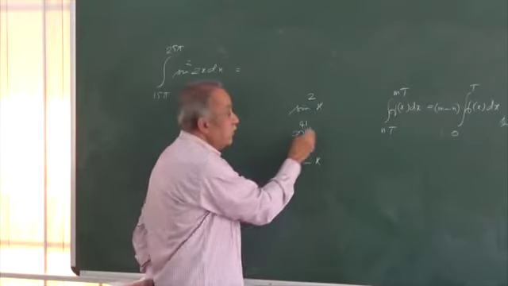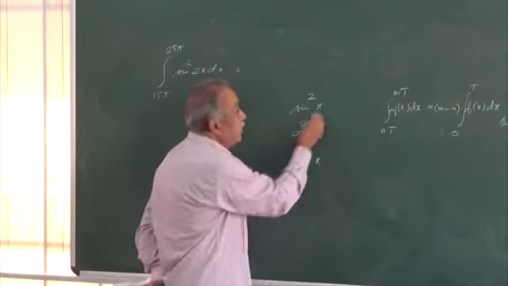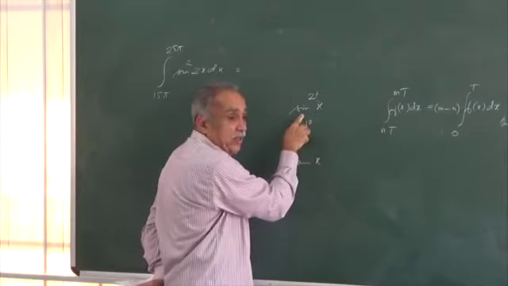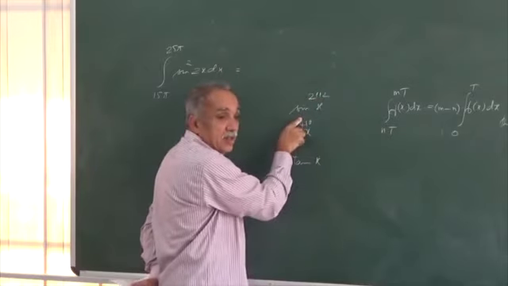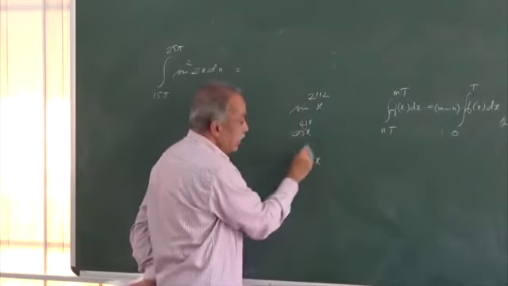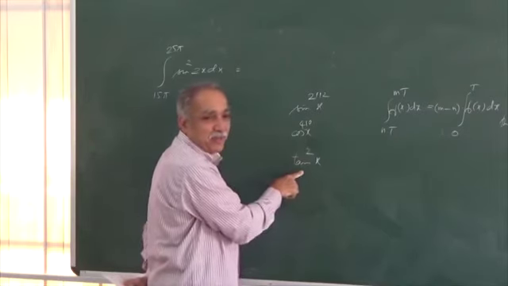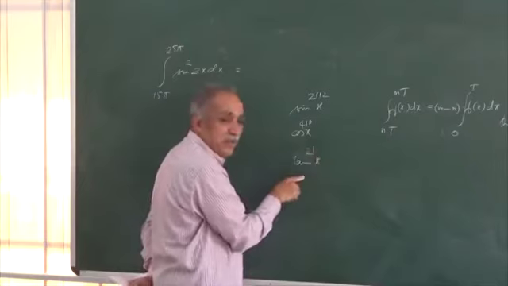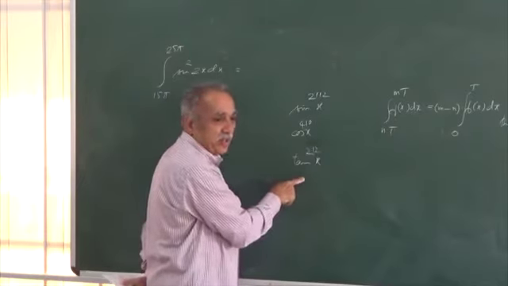No reduction. Now the period is pi. Agree? No reduction. It remains as pi only. For any index, it will continue to remain as pi.